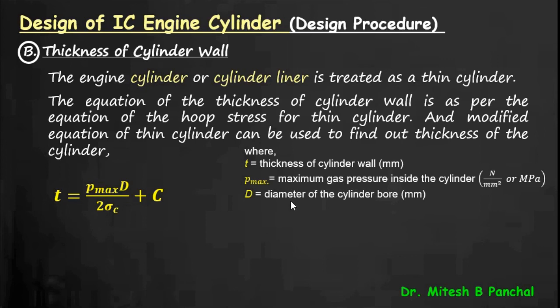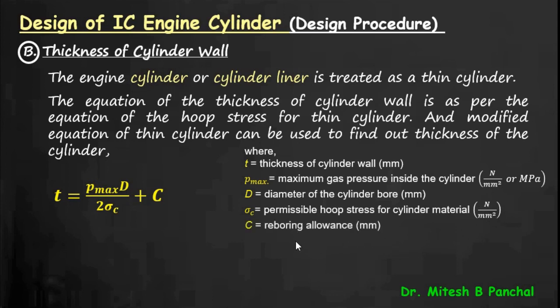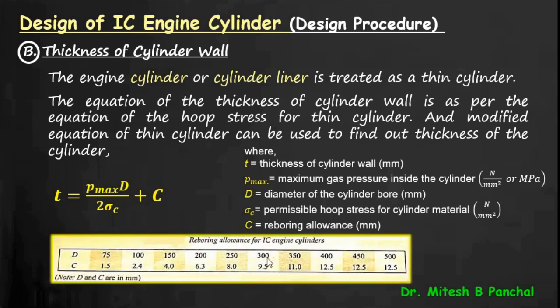Capital D is nothing but the diameter of cylinder bore in mm. Sigma c is the permissible hoop stress for cylinder material, also in Newton per mm square or megapascal. Capital C is the reboring allowance, in mm.